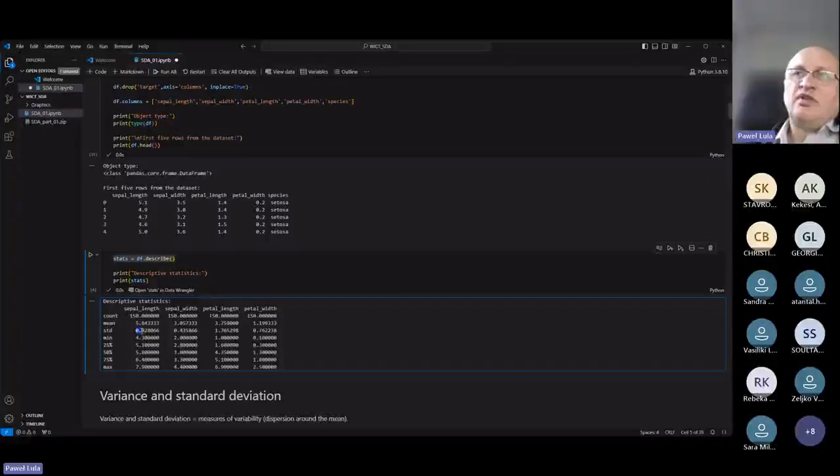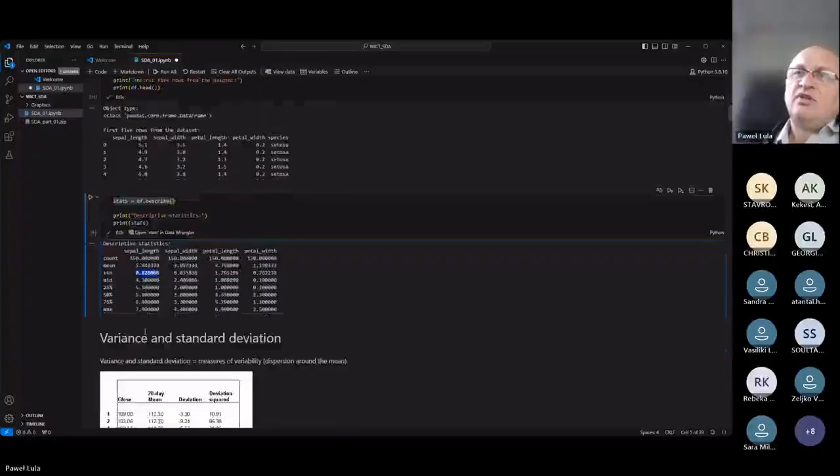Standard deviation. Standard deviation is very important information. We will talk also about it during our class on mathematics, but here we also use this value, standard deviation.